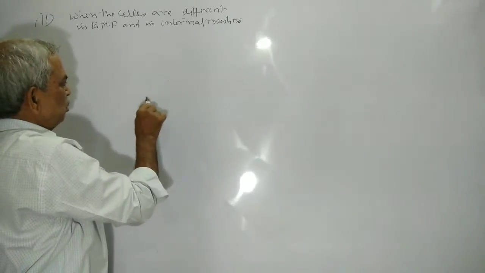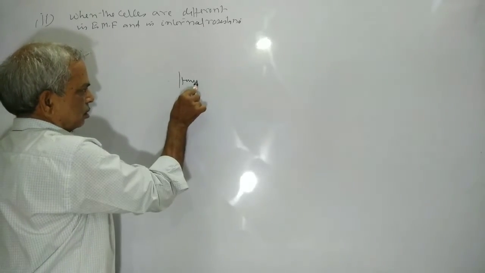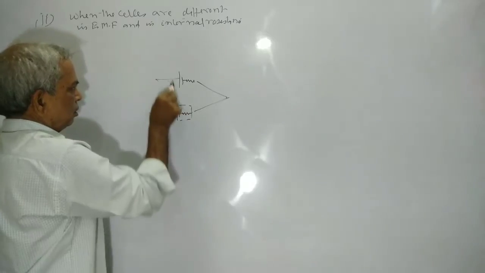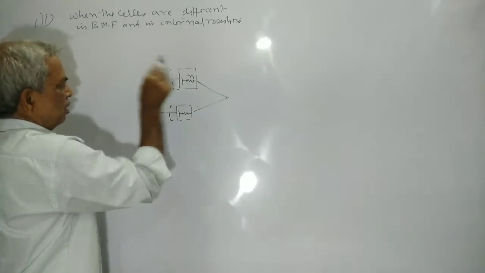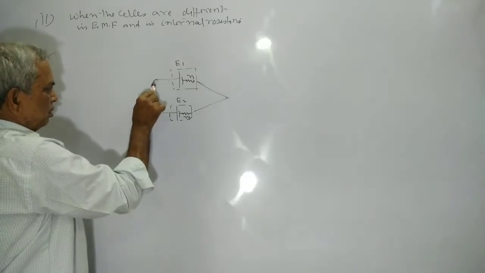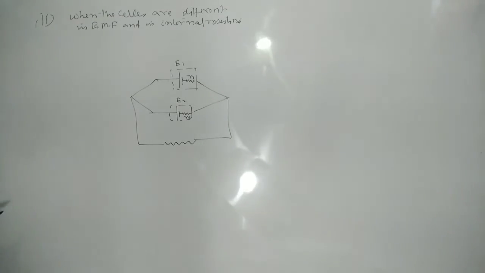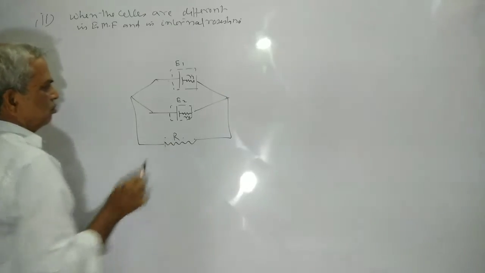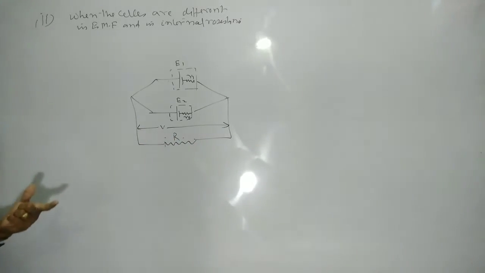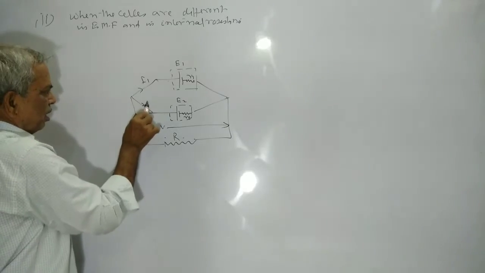Let two cells have EMF E1 and E2, internal resistances R1 and R2, and connect them to a resistor R. In this case, the voltage across these cells is equal, but the current of the circuit divides into I1 and I2.